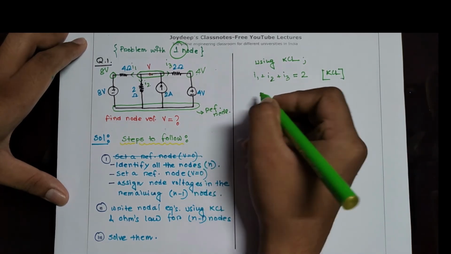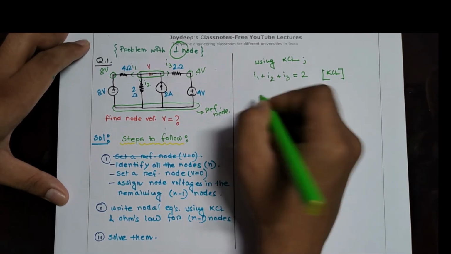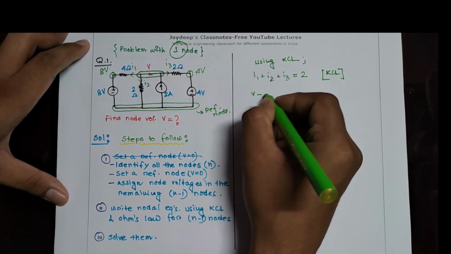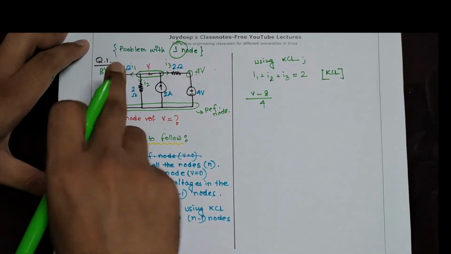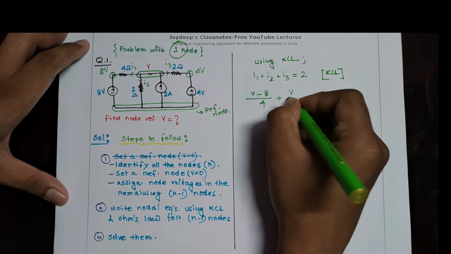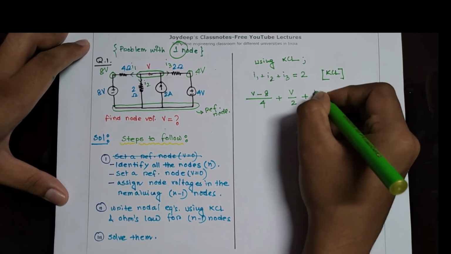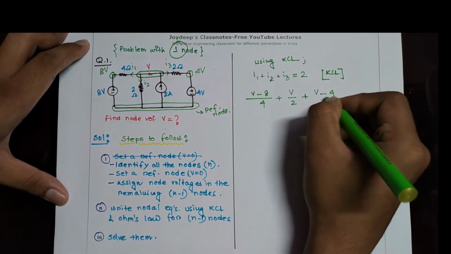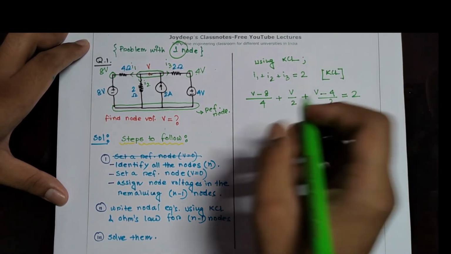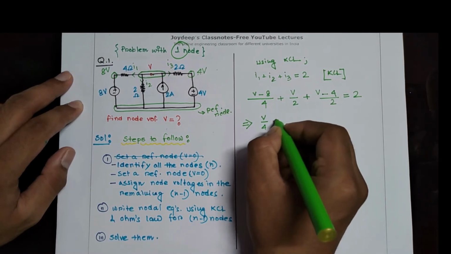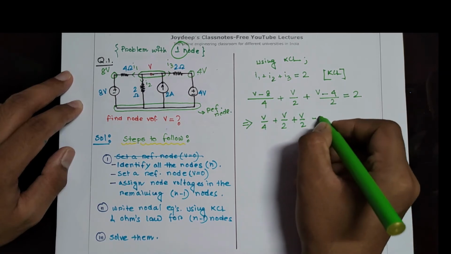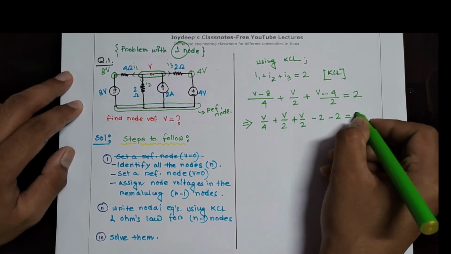Now using Ohm's law, how can we find this branch current? It's (V minus 8 volt) divided by 4, plus V divided by 2, plus (V minus 4) divided by 2, that is equal to 2. Now V by 4 plus V by 2 plus V by 2 minus 2 is equal to 2.